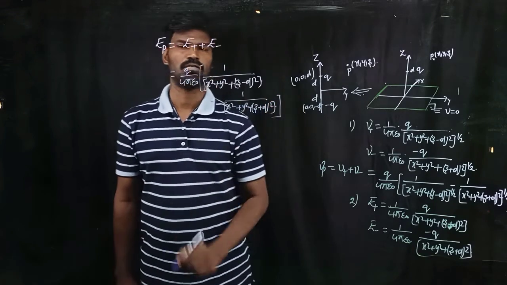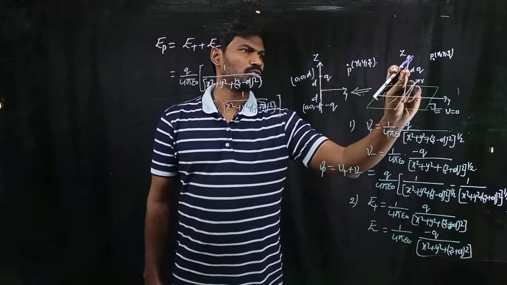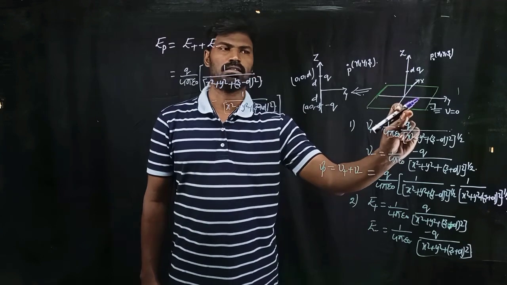This is the overall expression for the electric field at point P due to this charge and this earthed conductor.